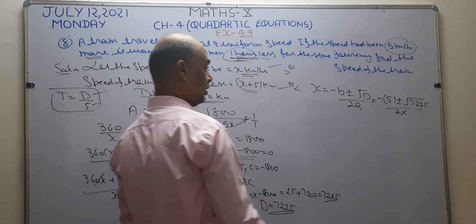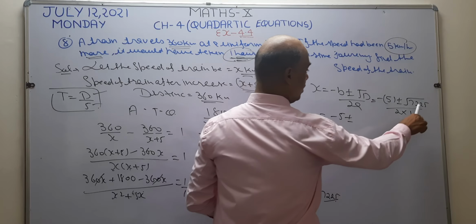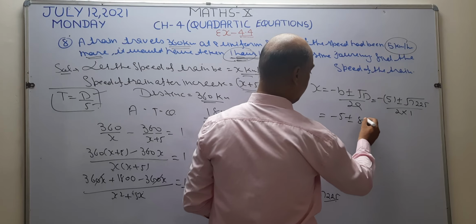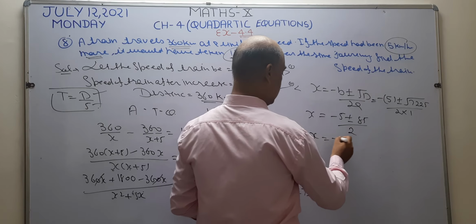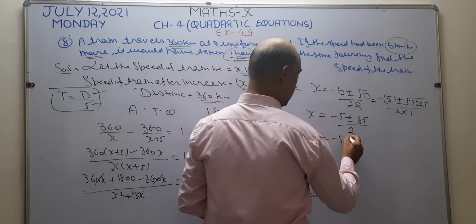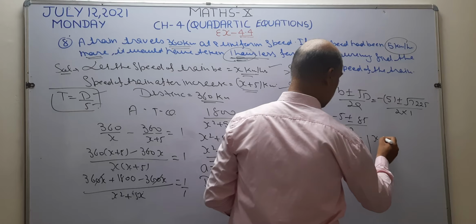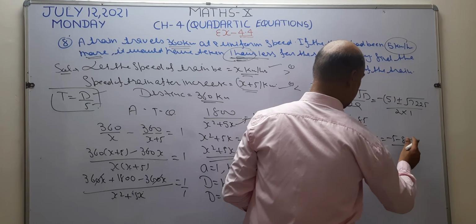The value of a is 1, write here 1. So this becomes minus 5 plus minus the square root of 7225, which is 85, upon 2. Now I take a positive sign between these two numbers and a negative sign between these two numbers. One time I take the positive sign, next time I take the negative sign.